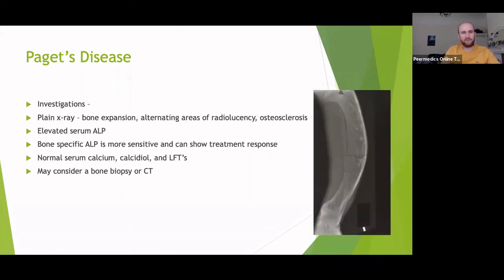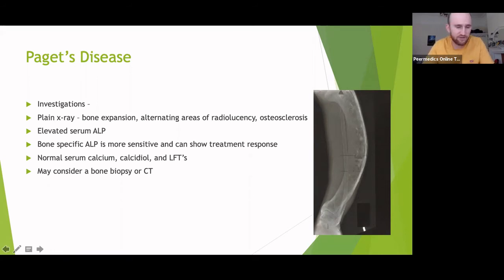So investigations: plain X-ray. This is quite drastic, but you might see some bone expansion because of that remodeling. Areas of radiolucency, you see that difference here. You've got some darker radio-opaque areas, but then generalized lucency as well.